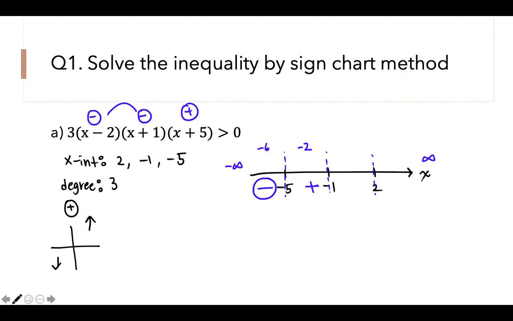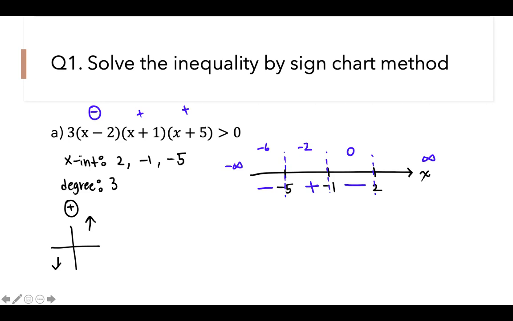Now we are going to plug in the next number that is in between -1 and 2. For simplicity, let's plug in 0. Okay, so 0 minus 2 is negative. 0 plus 1 is positive, and 0 plus 5 is positive. So positive times positive times negative is going to give me negative.